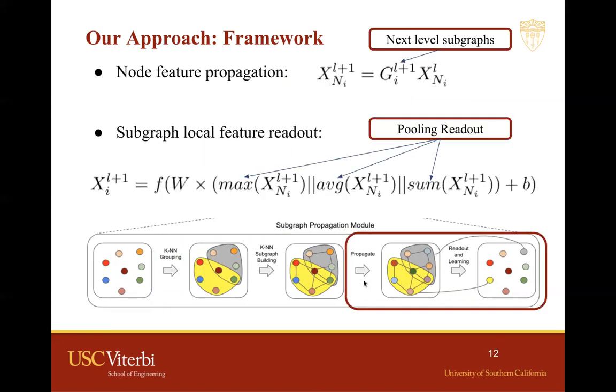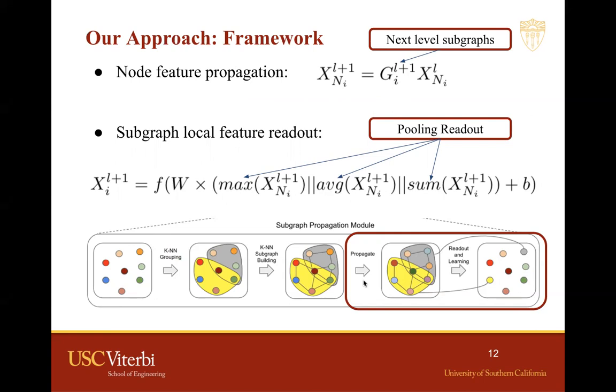As shown in the first equation, after the graph construction, the node features are propagated inside each subgraph. After the propagation, we read out each subgraph's feature through 3 different pooling layers: max pooling, average pooling, and summation pooling. And these summary features will be fed into the next stage of the encoder.